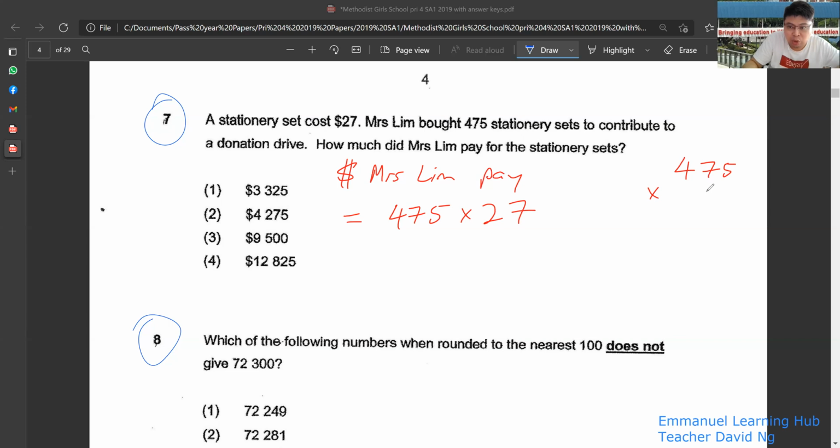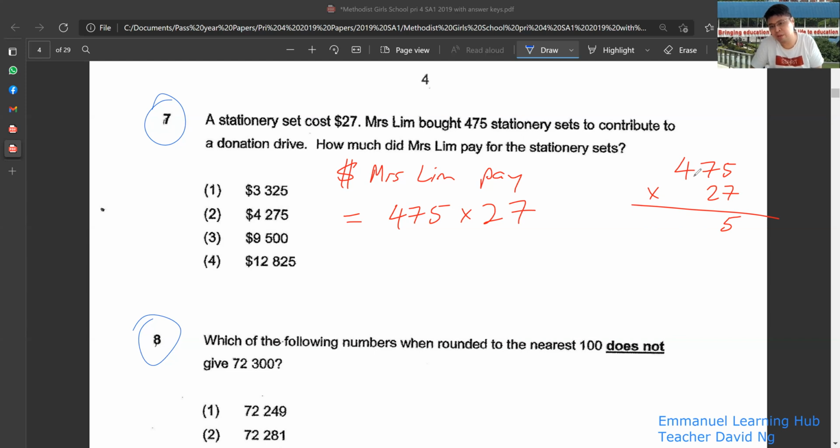Okay, let's multiply by 27 together. 5 times 7 equals 35. Then after that, 7 times 7 equals 49.